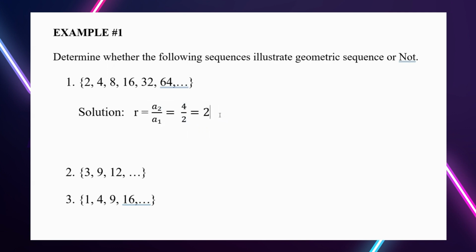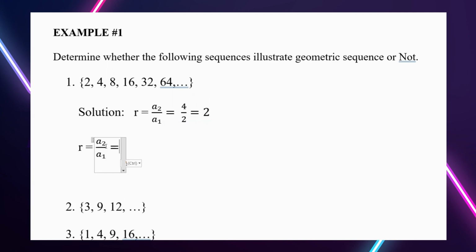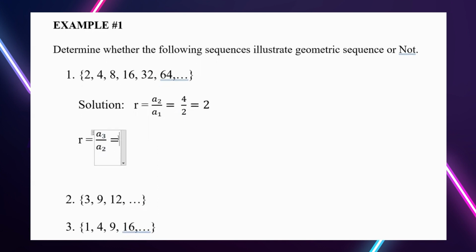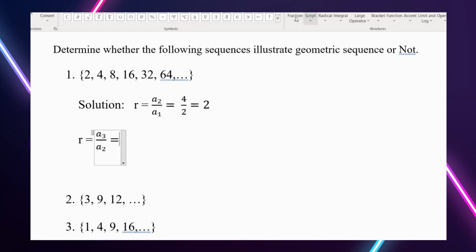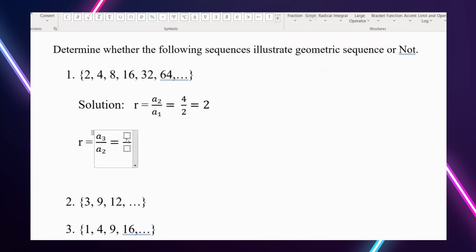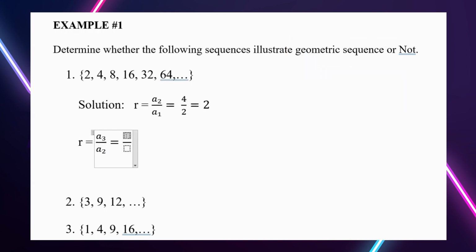Next, let us determine the common ratio of a sub 3 and a sub 2. Next naman is the third term divided by its preceding term, which is a sub 2. So therefore, the value of a sub 3 is 8. Very good.